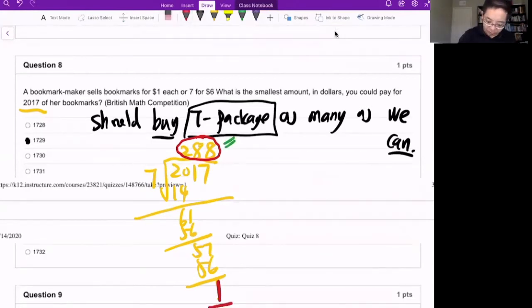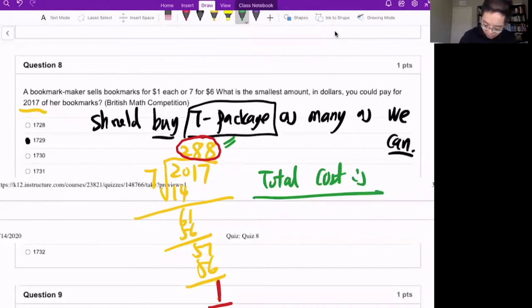So then we get the total cost. The total cost is 288 multiplied by 6, because a 7 package is $6, plus this extra 1.